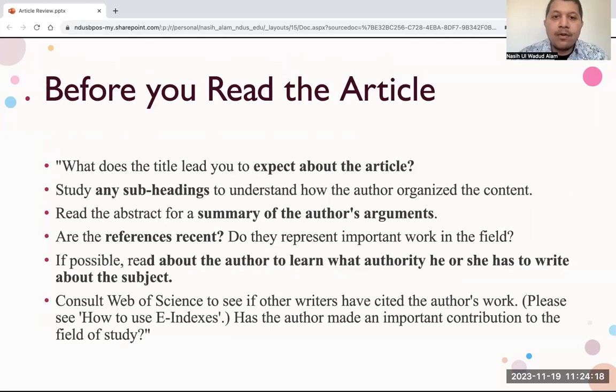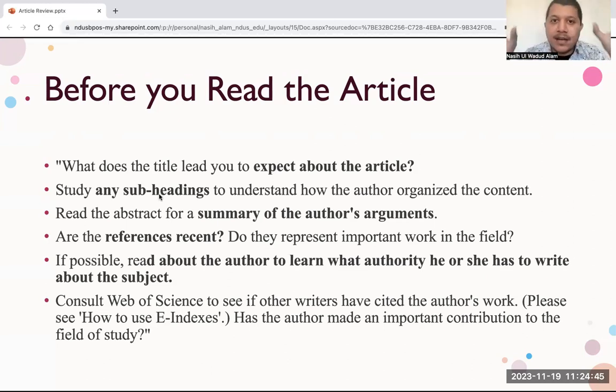Before you read the article, what will you do? Definitely look at the title. Very important. Sometimes the title gives you suggestive meanings, so that by looking at the title you might think the article is about that, the article discusses that. So have a general assumption first, then look at the subheadings.